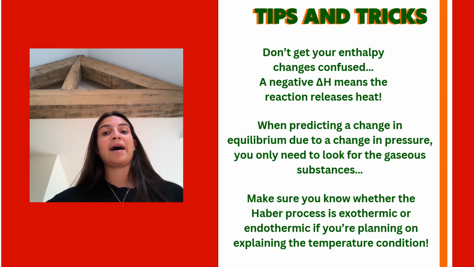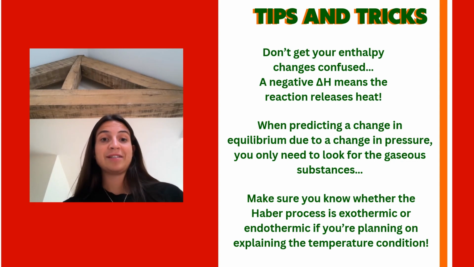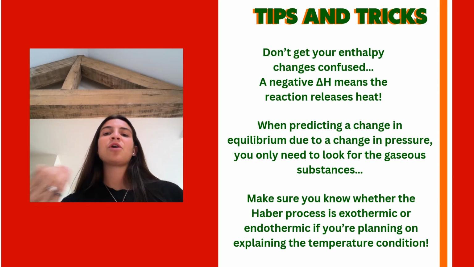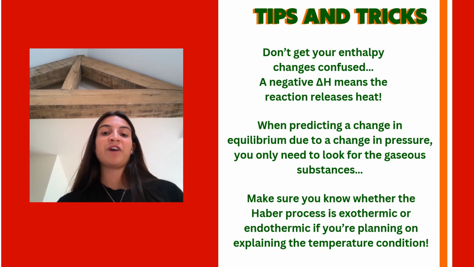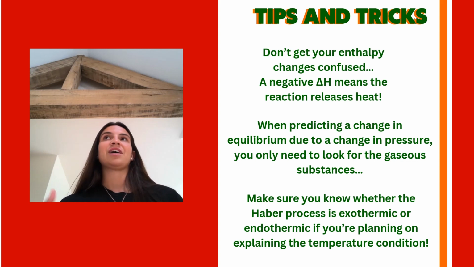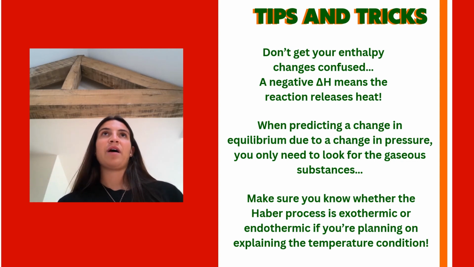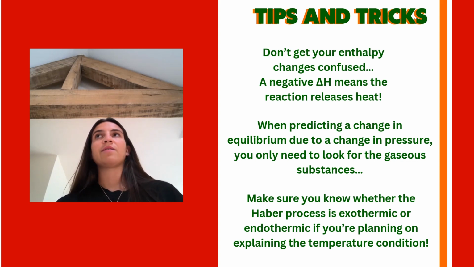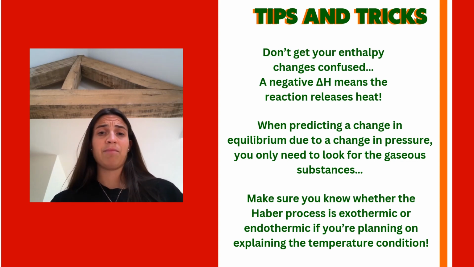And you would do that by decreasing the temperature, so that your equilibrium tries to reverse that change, shifting towards this exothermic reaction and therefore increasing the temperature. But you do have to balance that with the cost of having high temperatures, but also the rate of attainment as well.